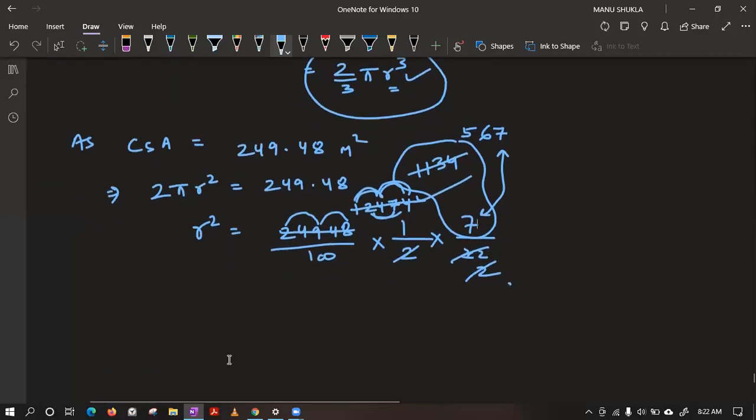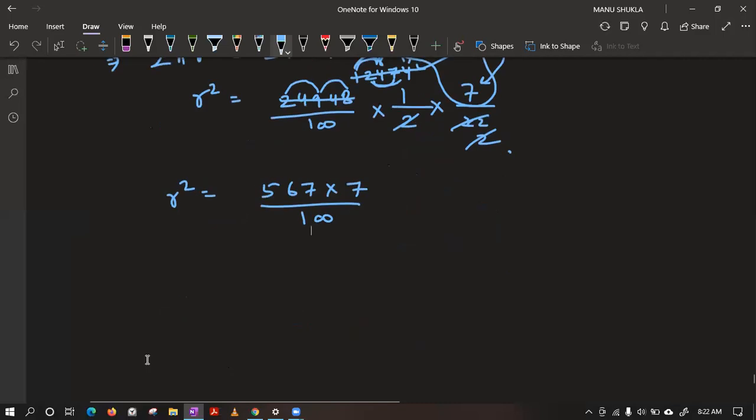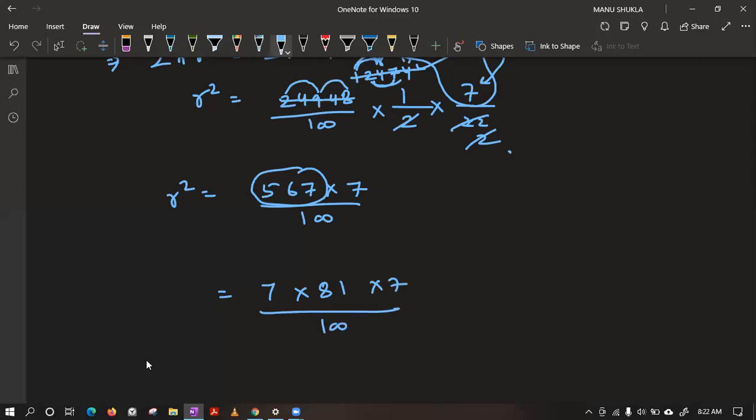One second. So r square is equal to 567 into 7 upon 100. Let's prime factorize this 567. It can be written as 7 into 81. 7 eights are 56. So what I have done is I have written 567 as 7 into 81, into 7 upon 100.